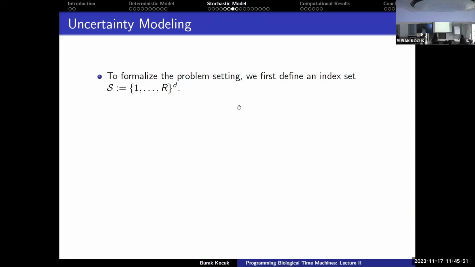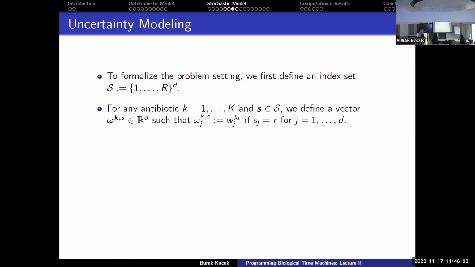Okay, but even more notation. How do we make this precise? I have this index set S, which is defined as the Cartesian product of the numbers from 1 to R, taken as many times as there are genotypes. Now suppose that I want to sample a growth rate. How can I do it? Again, as I said before, I randomly choose one of these real experiments, and the value from that experiment will be my growth rate for this particular genotype.